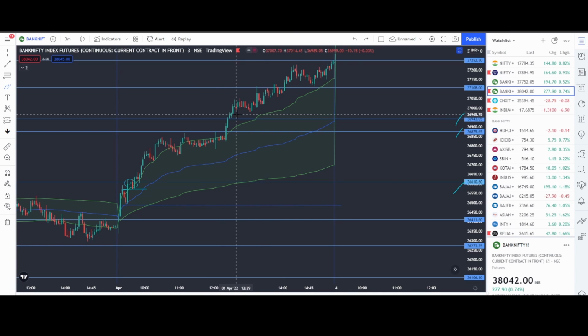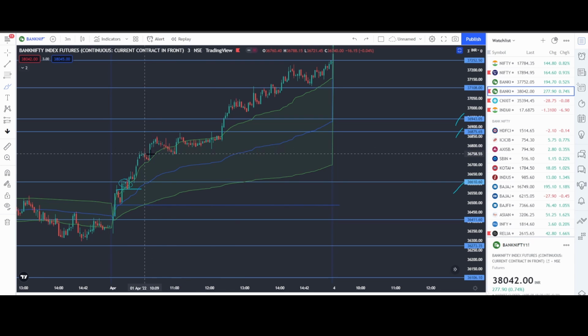And if I would have taken it as a directional trader, I would have seen this level and this level as an important zone. The market is going sideways.